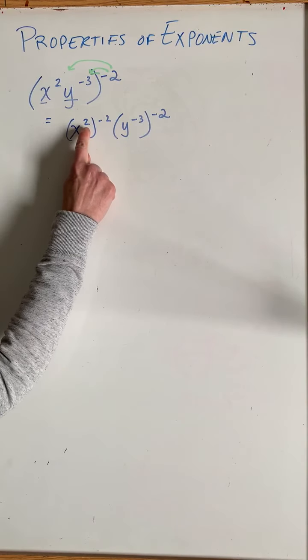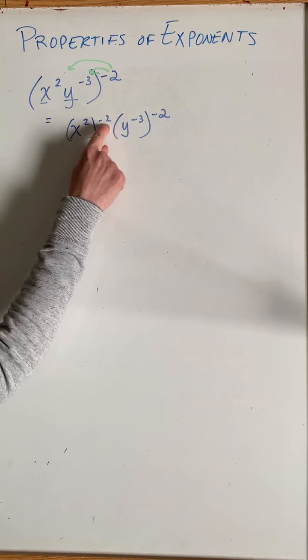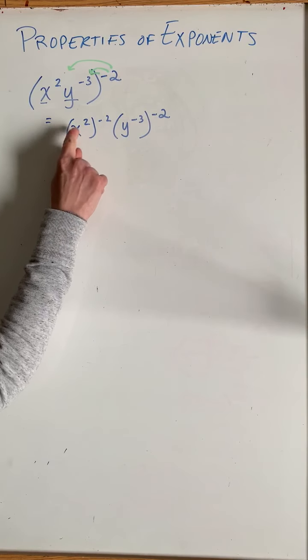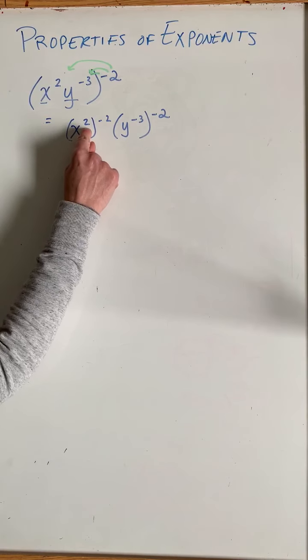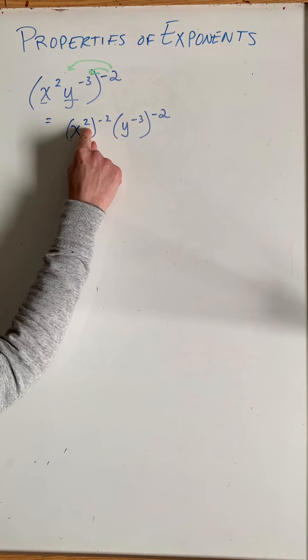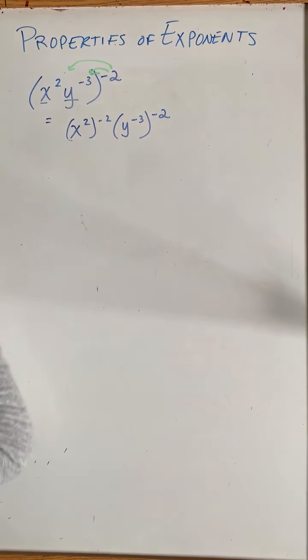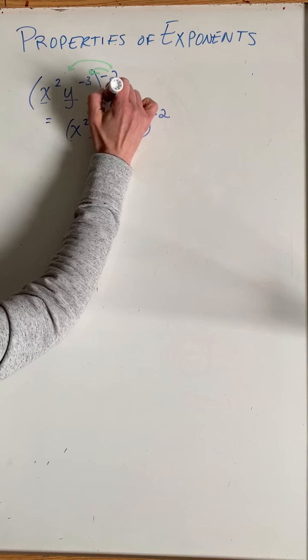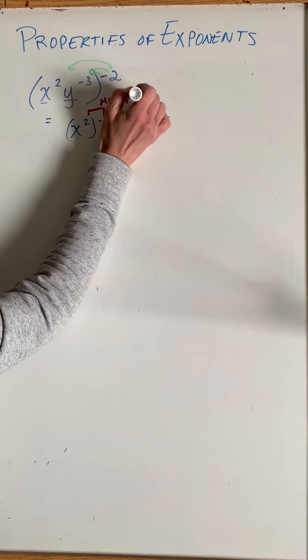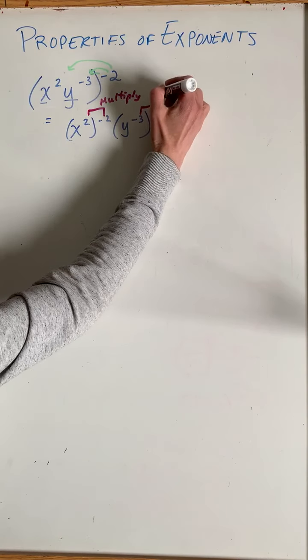Okay, we said at the beginning, one of our properties, if we're raising a power to a power, so this is like a to the m to the n. If we're raising a power to a power, so this was the third property that we did, what are we going to do with our exponents? You are correct. We are going to multiply here and here.